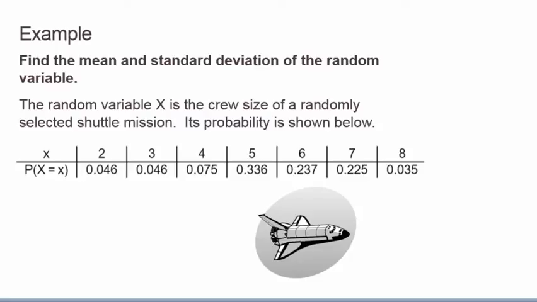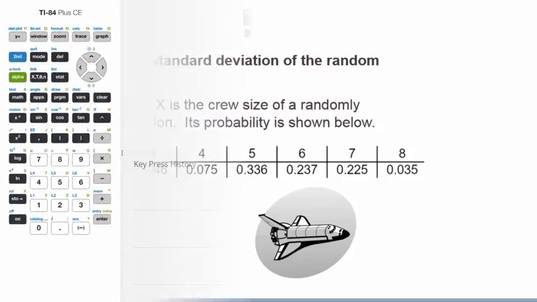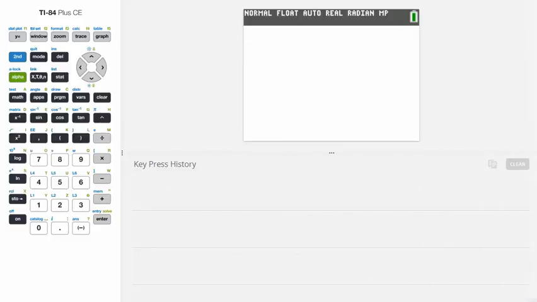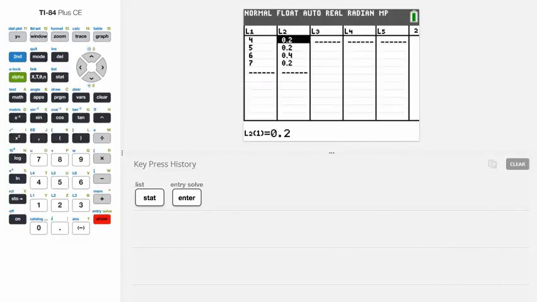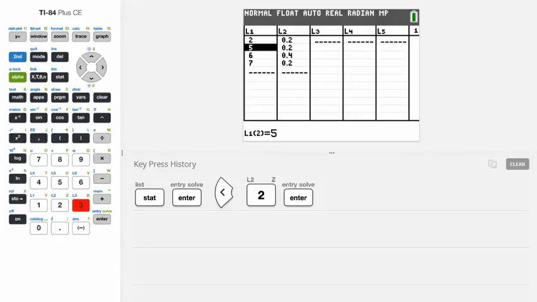So we want the mean and standard deviation. We want to use our calculator to help us find them. So we want to go to Stat, Edit, and type our data in L1 and L2. In L1, I'm going to type 2 through 8.